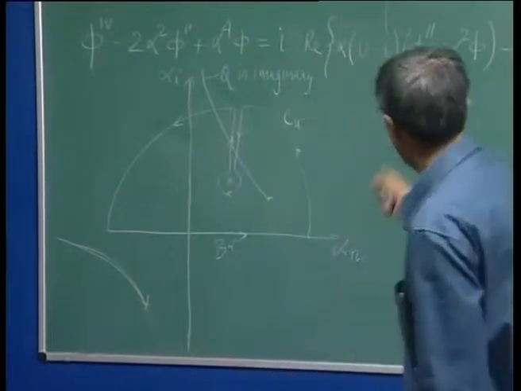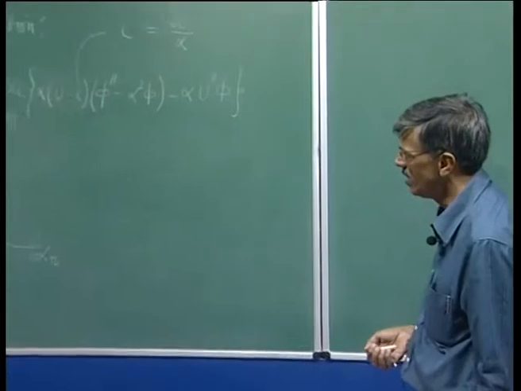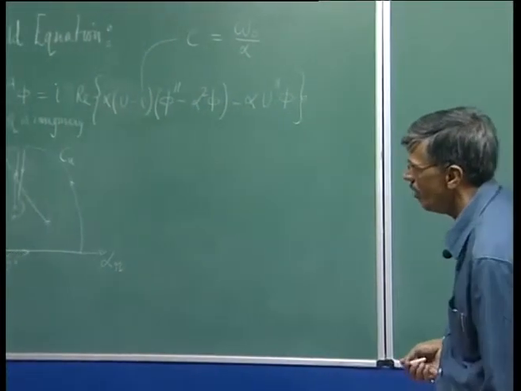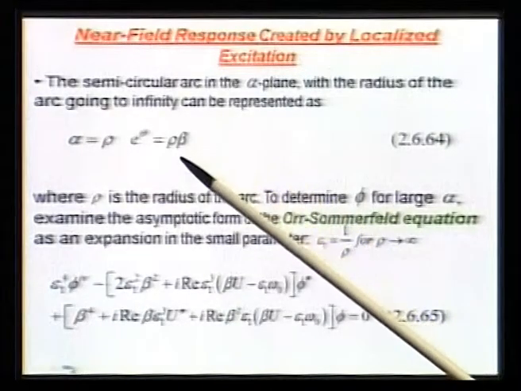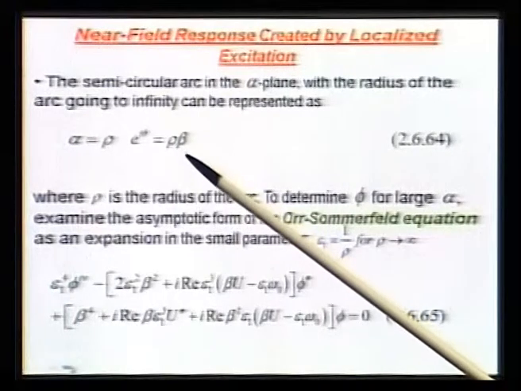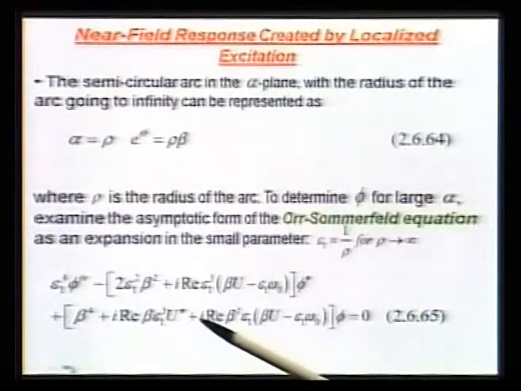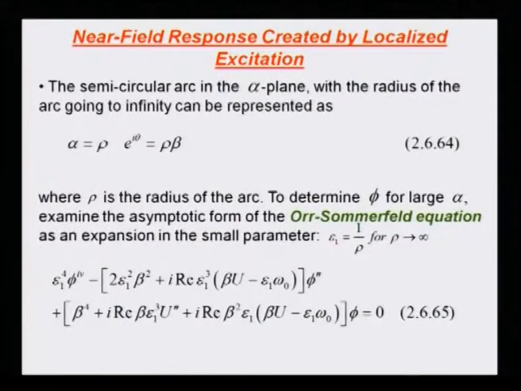And then I have the Sommerfeld equation. Wherever alpha appears, I will write it in terms of what? Beta by epsilon 1, isn't it? Beta by epsilon 1, and I plug it in and expand it. This is what I get.